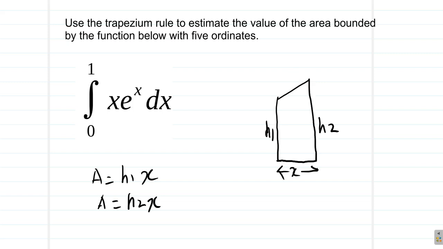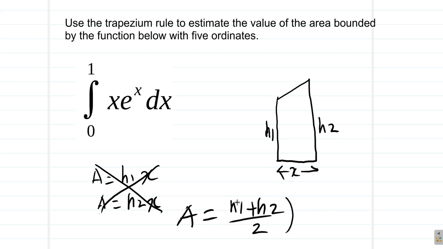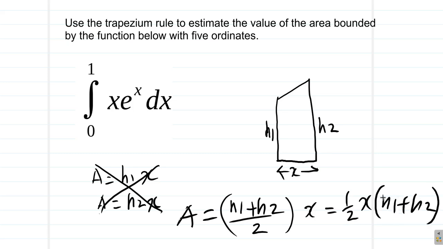So you make a compromise and say the area equals the average of H1 and H2, so H1 plus H2 over 2 times X. You can call this half X times H1 plus H2. Remember that, the area of a trapezium.